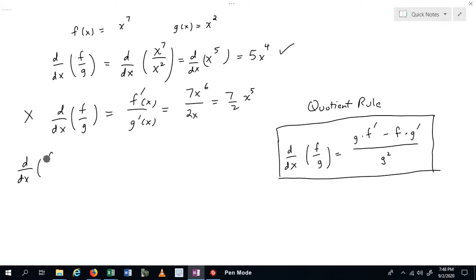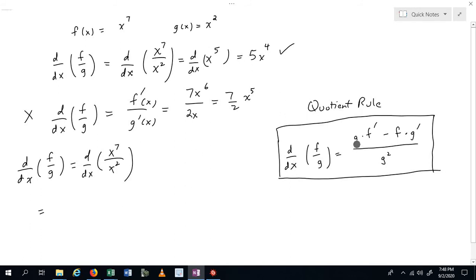Okay, so let's find the derivative of f divided by g, where f is this and g is this. But this time we're going to use the quotient rule. Okay, so the quotient rule says the derivative of f divided by g is g times f prime minus f times g prime, divided by g squared. Okay, so g is the bottom one, which I'm going to call the low.